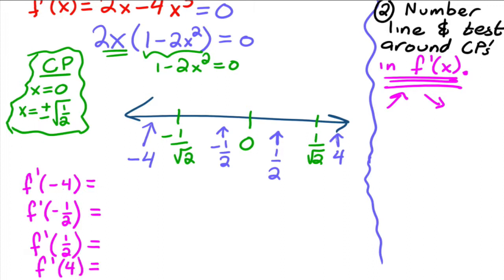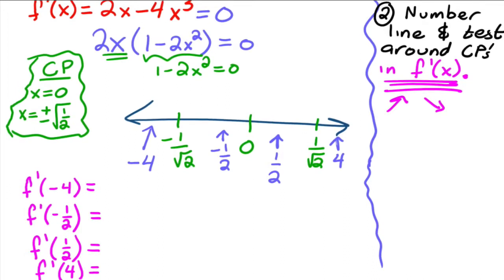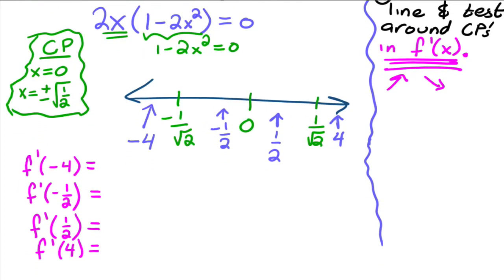What we care about is the sign, because all we're looking for is whether it's increasing or decreasing. So I'll plug in negative 4 into the derivative. Now you can plug it into the original one, which you have up here, or the factored one. Usually the factored one is easier to work with, so I'm going to plug negative 4 into that one. So 2 times negative 4 times 1 minus 2 times negative 4 squared. Okay, so everything is being multiplied.